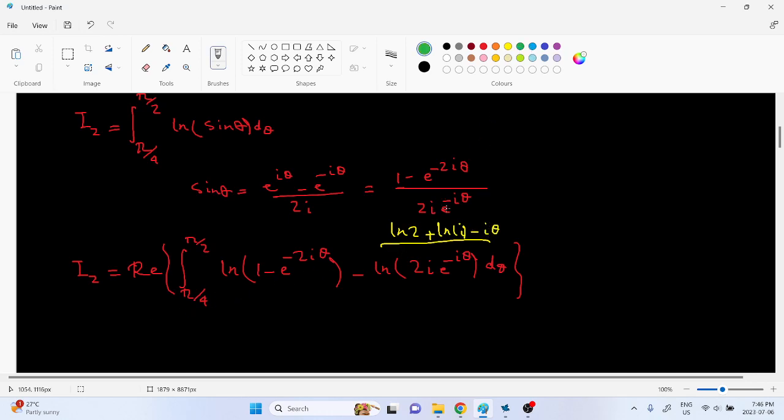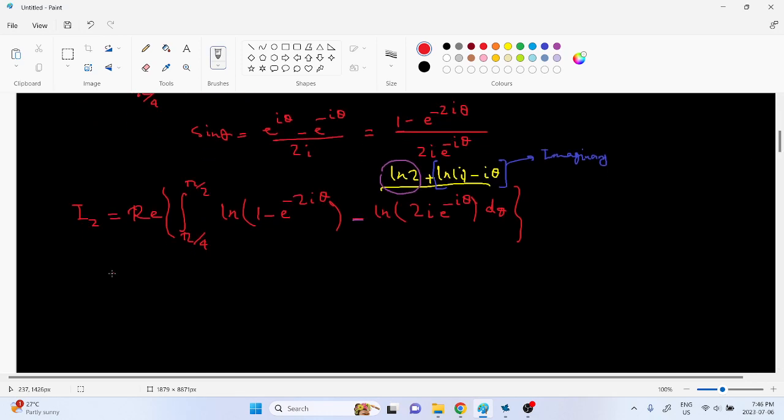After we integrate, we get something imaginary from these two terms. The only part from this second integral that gives us something real is this natural log of 2 with a minus sign attached to it and integrated from pi by 4 to pi by 2. So from that we get pi by 4 times the natural log of 2.